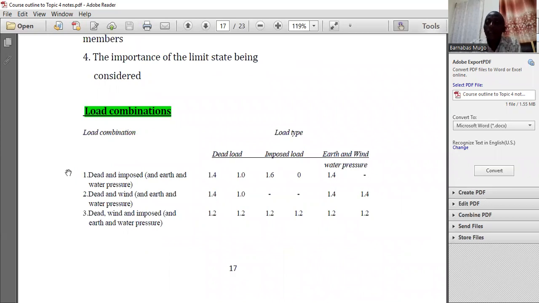In this case, we have the combination of the loading. That is, we can combine the dead load and the live load. For example, when water is put in a tank, we have the water weight, that is the live load, and the weight of the tank, that is the dead load.